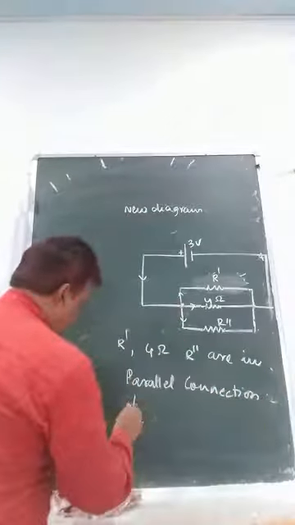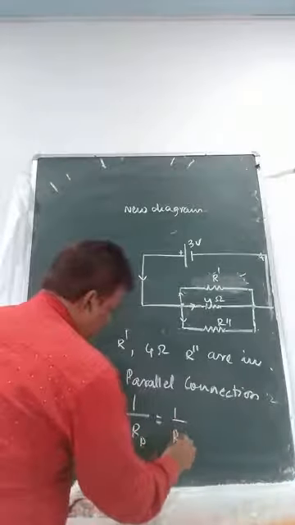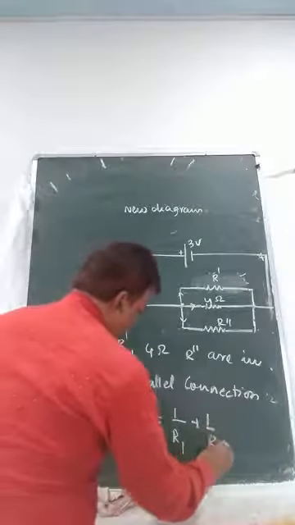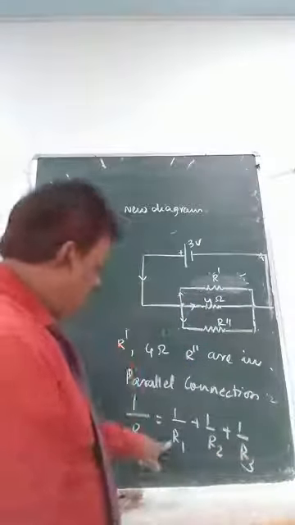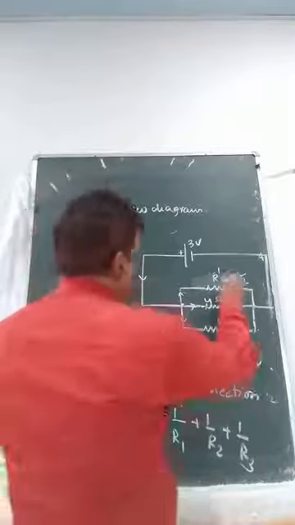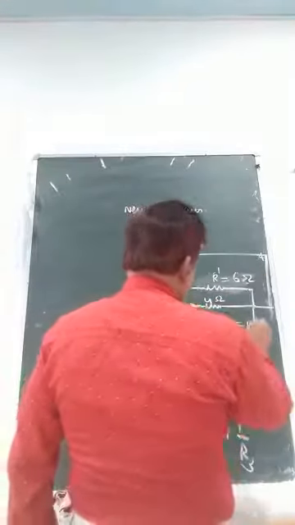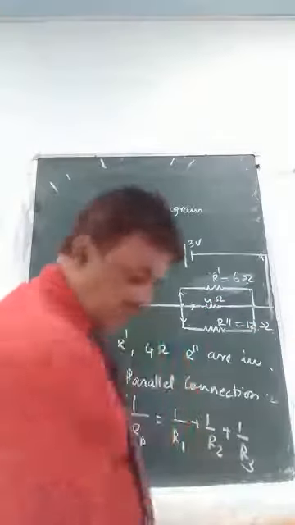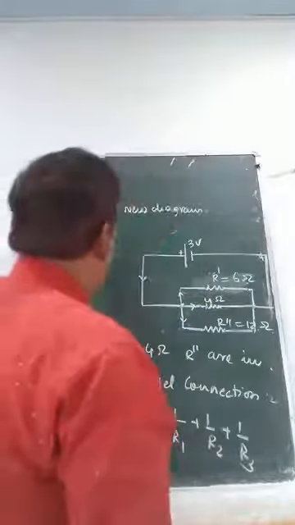Okay, so what is the formula? 1 by Rp equals 1 by R1 plus 1 by R2 plus 1 by R3. Is that the formula or not? So in place of R1, what are you going to write? R dash. R dash value is how much? 6 ohm. This is how much? 12 ohm.